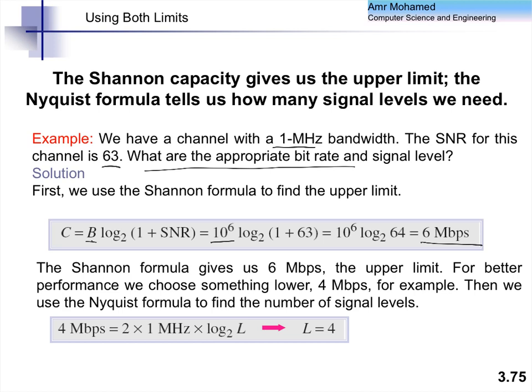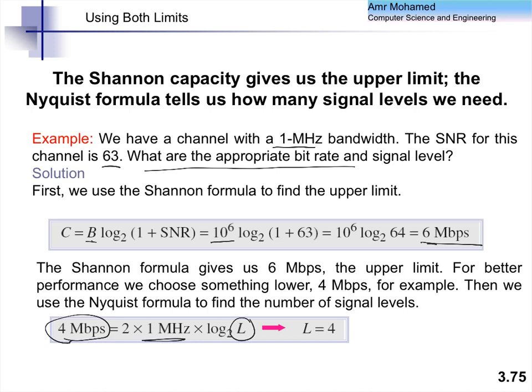So this 60 megabits per second is very hard to achieve. It's impossible to achieve. So if we were to assume that a typical bit rate in that case would be less than 6, so we assume it's 4. In that case, we know that the bandwidth is 1 megahertz. So through the Nyquist equation, we can get to the number of voltage levels that we need.